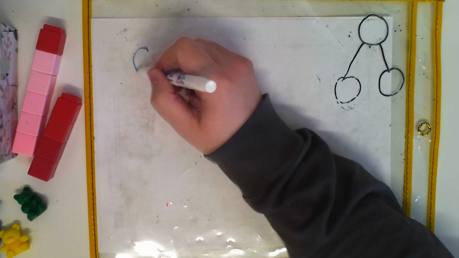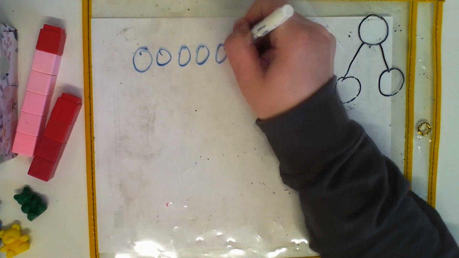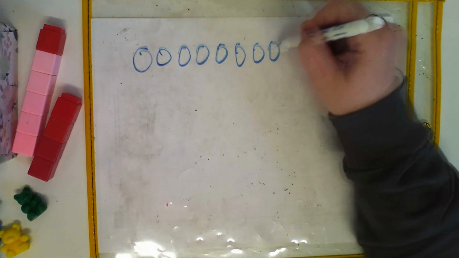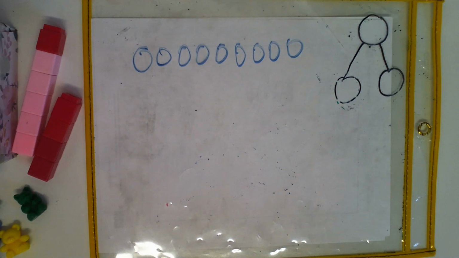Go ahead and draw 9 grapes. All right. Ellie has 9 grapes. She shared 4 grapes with a friend. How can we show that in our drawing? What could we do? Yeah, let's cross out those 4 grapes.